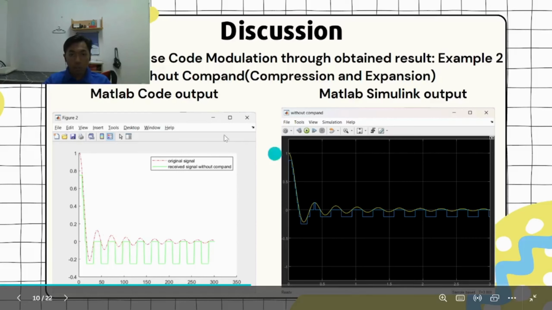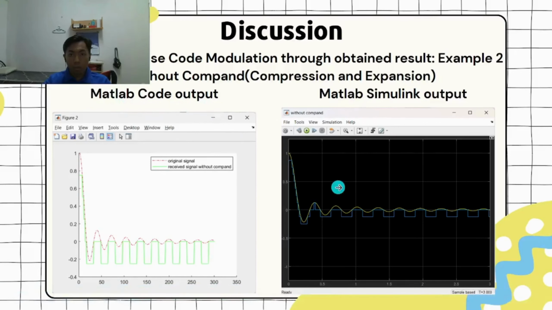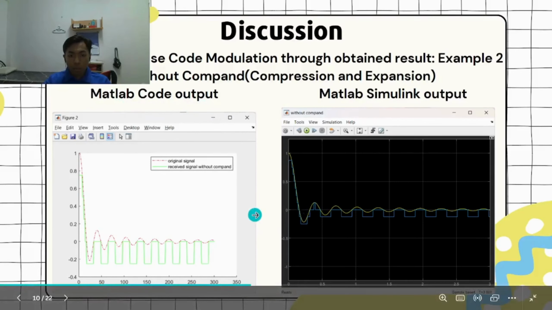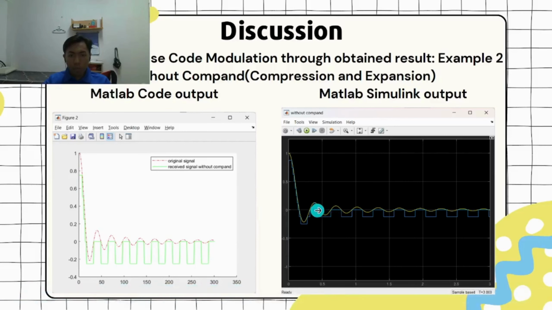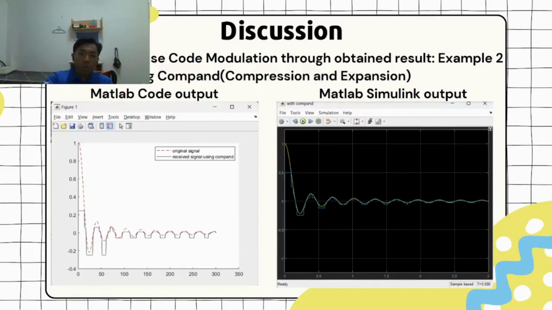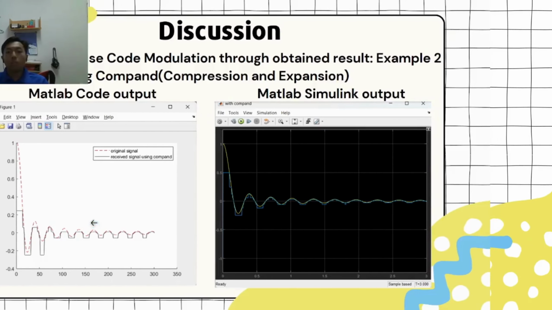So by using the mu-law of compression and expansion, we can reduce the noise disturbance, so with the compander we can make the received signal much more accurate and better.